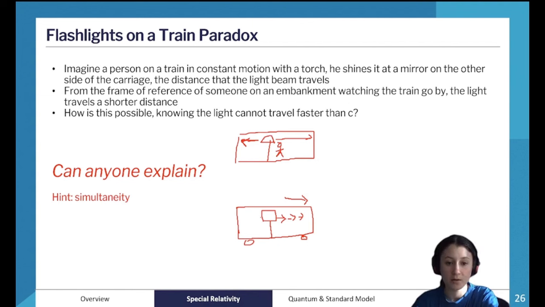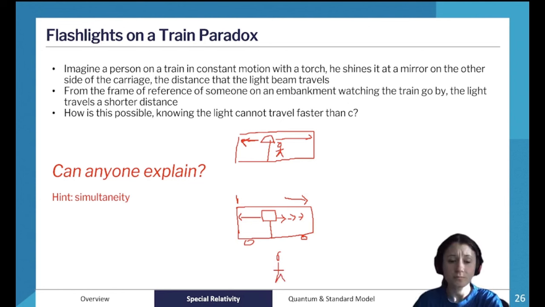But the light here gets to this side of the carriage a lot quicker, because this end of the carriage is almost moving up to meet the light, because that end is again moving so close to the speed of light. So this is what a person on the embankment would see.